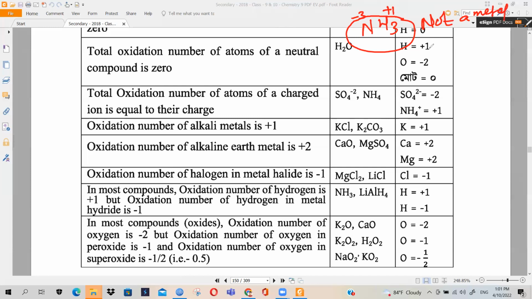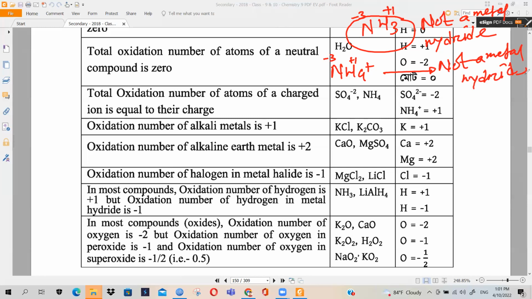And again, in the case of NH4 plus, you will consider hydrogen to be +1 and nitrogen to be -3, because it's not a metal hydride.